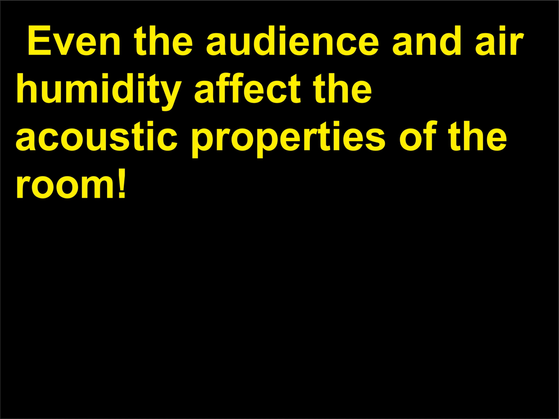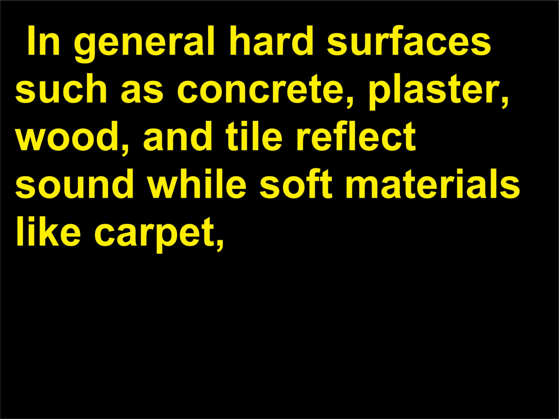Even the audience and air humidity affect the acoustic properties of the room. In general, hard surfaces such as concrete, plaster, wood, and tile reflect sound, while soft materials like carpet, heavy drapes, and plush upholstered chairs absorb sound.